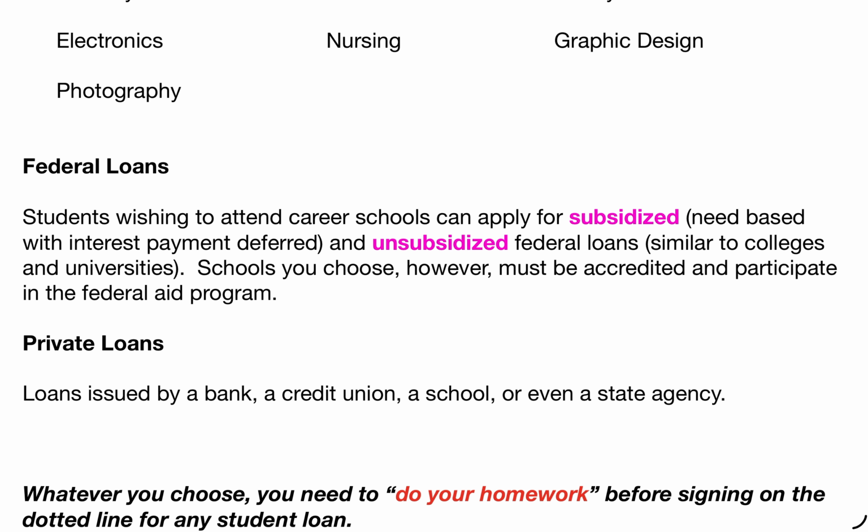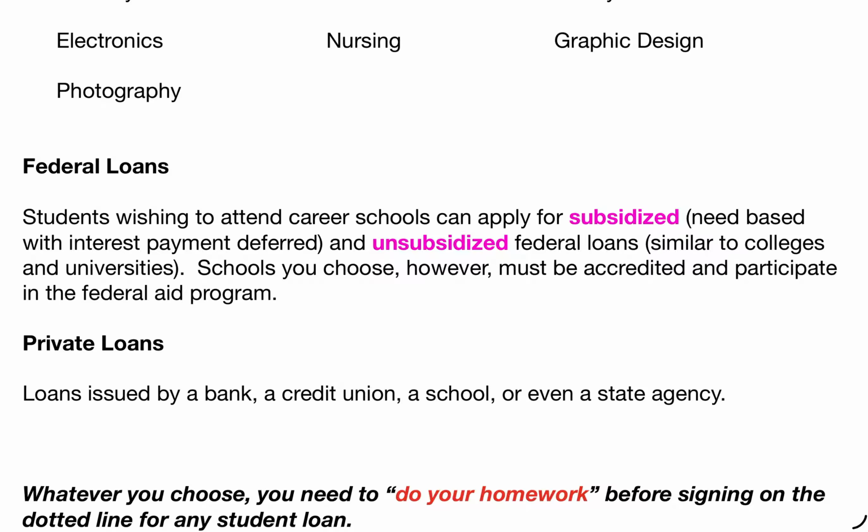If a student decides to go the federal loan route, the school that you choose has to be accredited and participate in the federal aid program. Otherwise, you can't get a federal loan, in which case you're going to have to get private loans. These are loans that are issued by a bank, a credit union, or the school that you want to attend. They sometimes will provide a loan, or even a state aid agency.